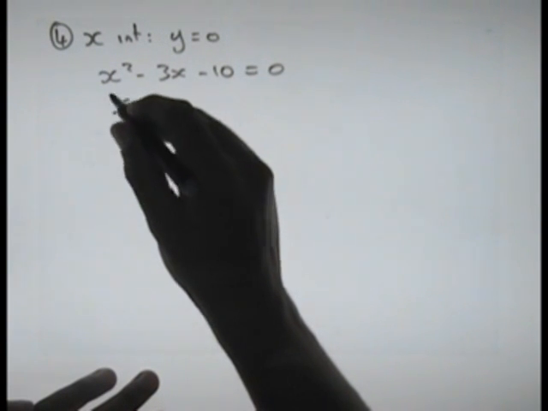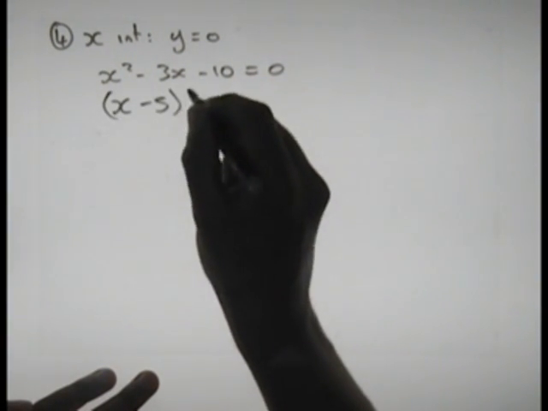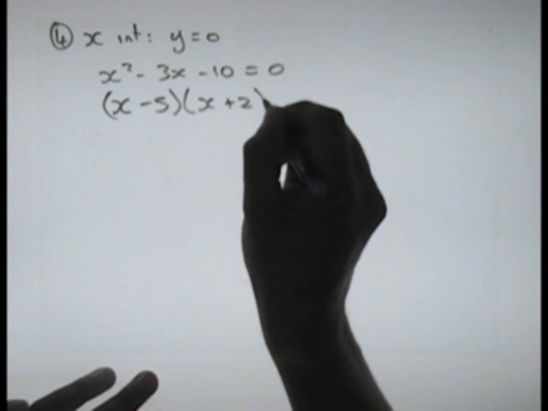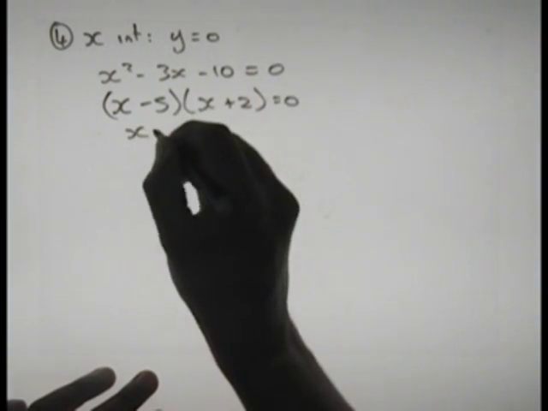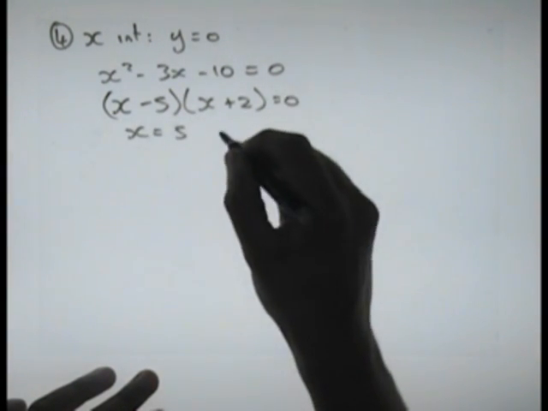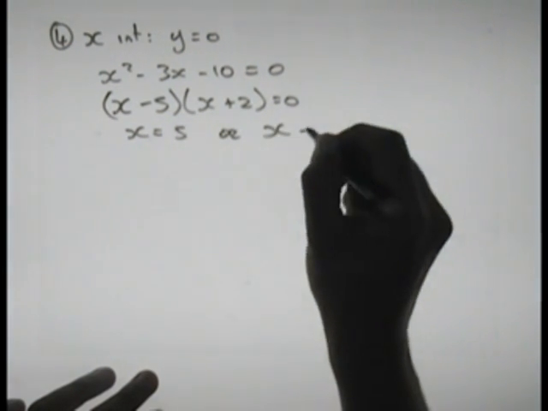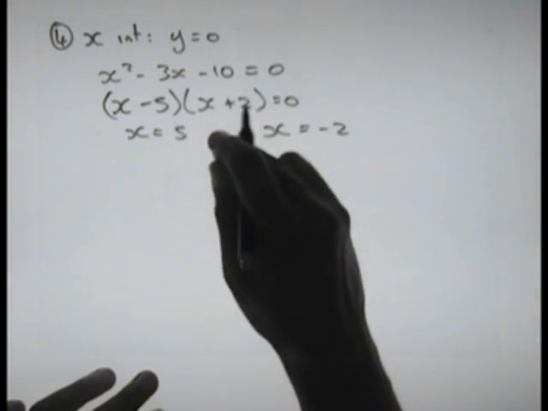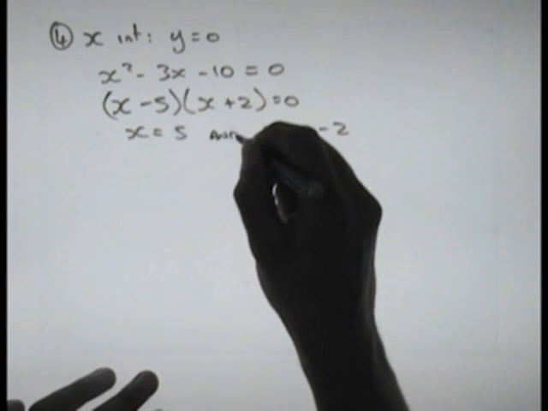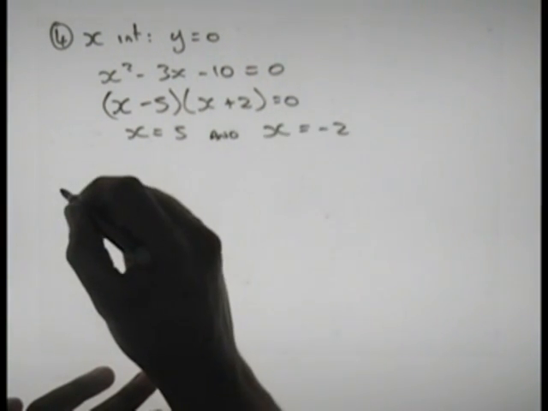This I can factorize into x minus 5 multiplied by x plus 2 is equal to 0. That means my two x-intercepts are x is equal to 5 and x is equal to negative 2.